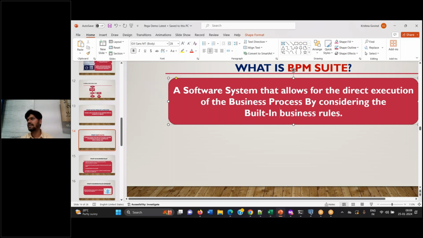Clear or not? That's the general sense of understanding, right? Every system will have certain rules defined. The system will be controlled by the rules. Every system. Understand? Clear, everyone? So in a business process management system, rules are there. The business process management system will be controlled by rules. That rule is called a business rule.